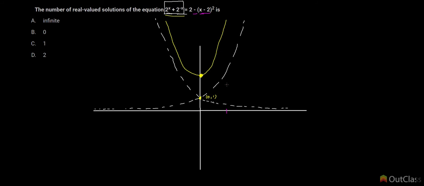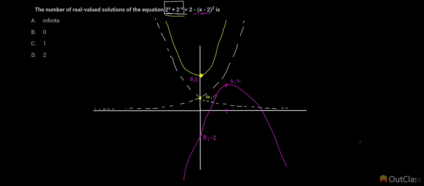So finally it will look like this. This point is going to be 0, minus 2, because if you substitute x equal to 0, you'll get 2 minus 4, which is minus 2, and if you substitute x equal to 2, you'll get 2 minus 0, which is 2. So you have these points. This was 0, 2.